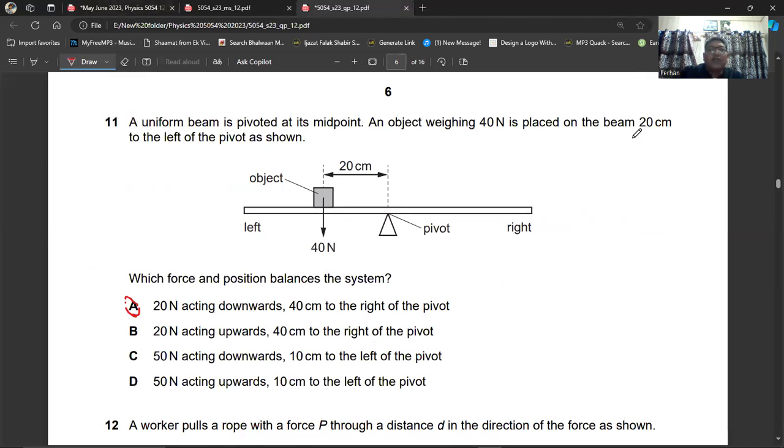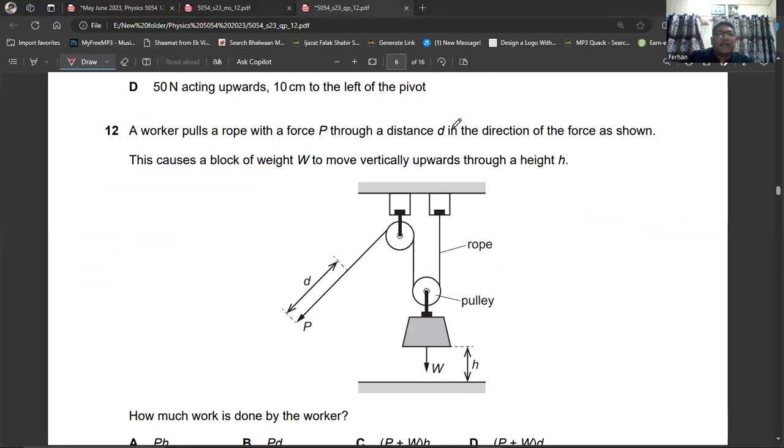Okay, so now we are going to the next question, and the next question coming up on your screen is: a worker pulls a rope with a force P through a distance D in the direction of the force as shown. This causes a block of weight W to move vertically upwards through a height H. So you applied the force P and the rope has moved distance D. The question is, how much work is done by the worker?